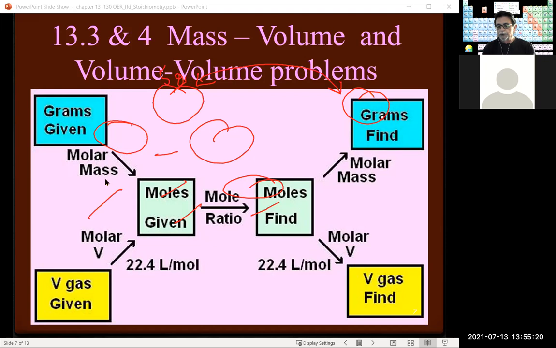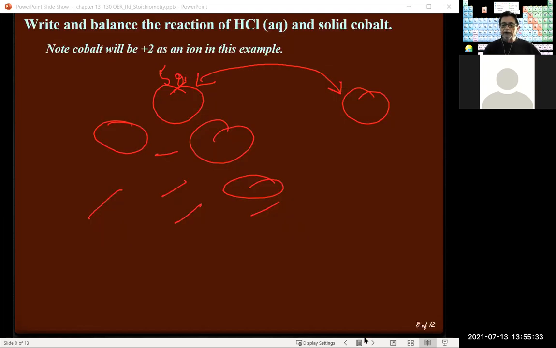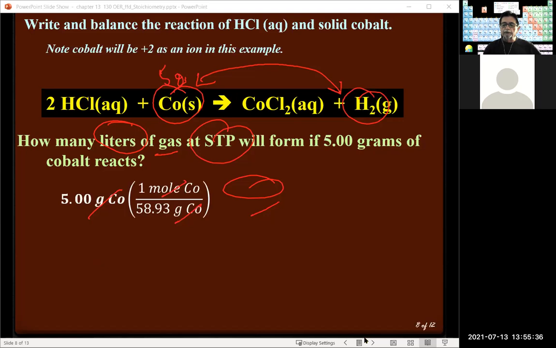Okay, you see that? So we use molar mass of cobalt, the mole ratio between the reaction that gives us moles of hydrogen gas, and then being that we are at STP, we have the volume of gas. And we can only do that if we were in fact at STP. If we were not at STP, you cannot calculate that final volume. Okay, you can with a different equation we will learn about in chapter 16, but at this point, nope, unless you're at STP.